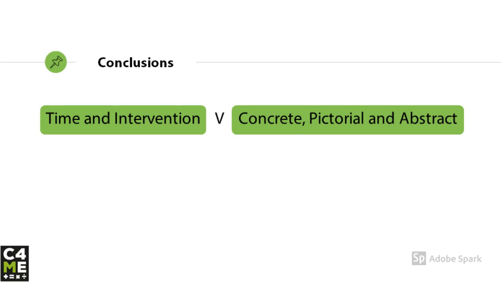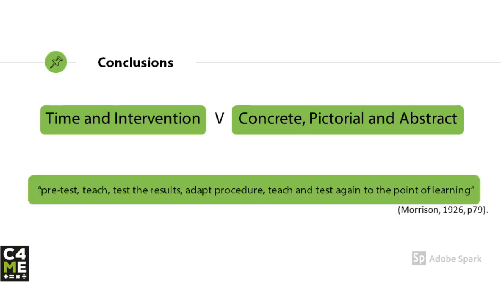By having a policy of time and intervention and gap filling, that is how mastery can be achieved. And concrete, pictorial and abstract are a tool to achieve that mastery. We want to move forward with Morrison's formula from 1926 about testing the students, teaching, testing again, and repeating this process until a student has filled their gap.